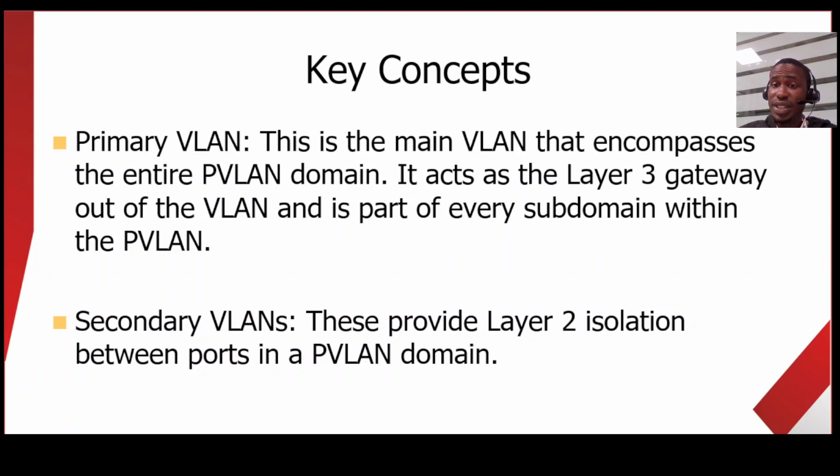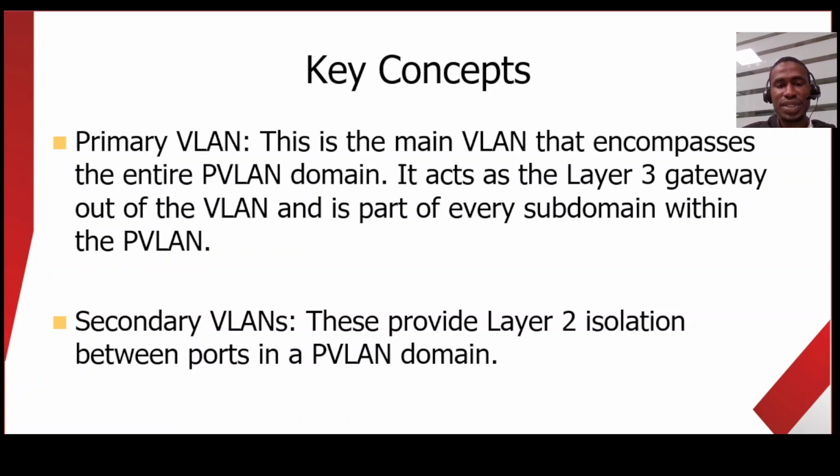Some also call the interface with the primary VLAN the promiscuous port; I'll explain that later in detail. The layer 3 gateway out of the VLAN could be an IRB on Juniper, or an SVI interface referencing the primary VLAN. That's the main VLAN.